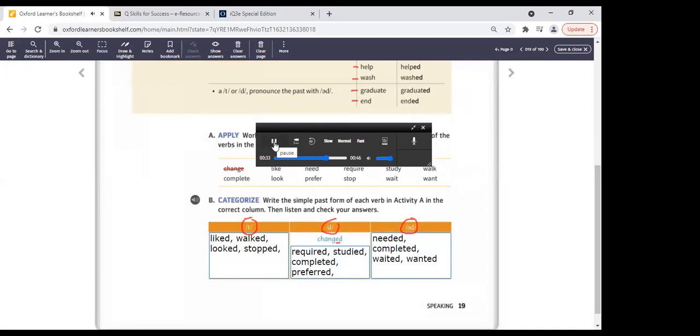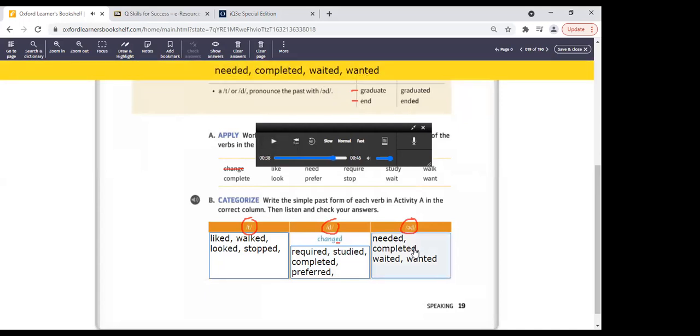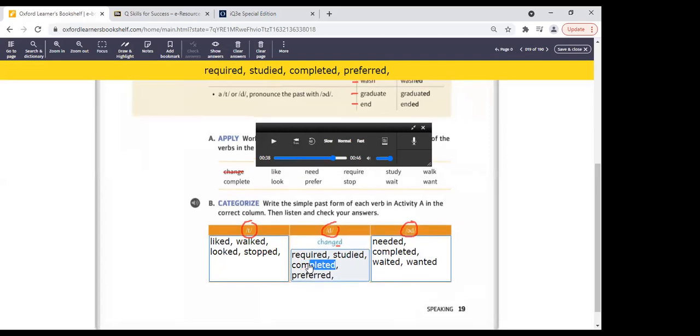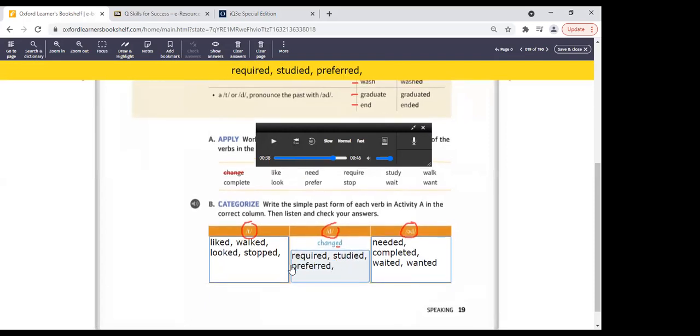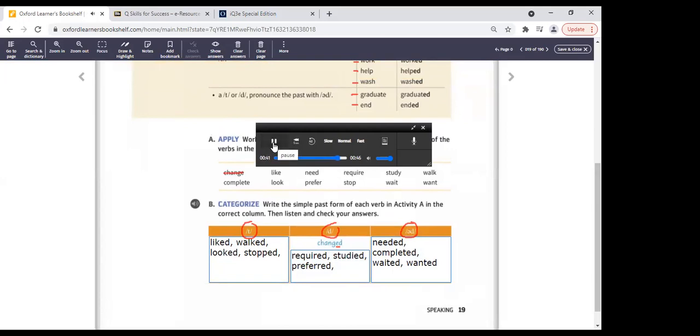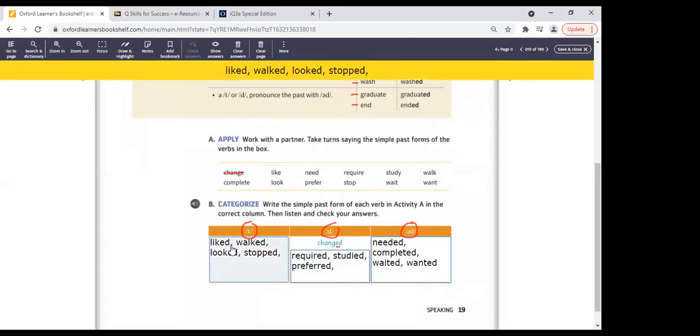Column 3. Ed. Completed. Okay, so completed, ed. Yeah, so our complete is ed. Needed. Waited. Wanted. Yeah. So these are our answers. Liked, stop.